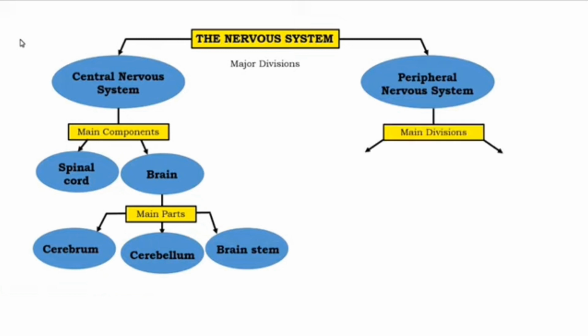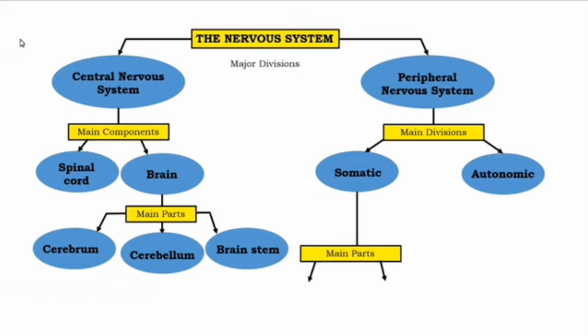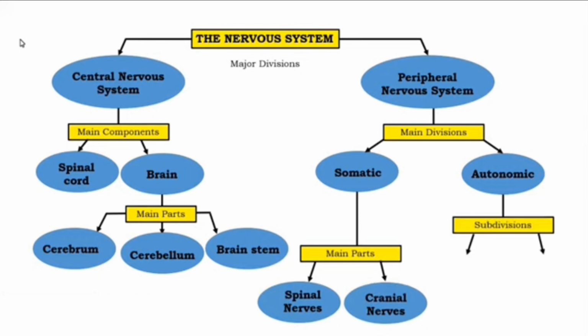The peripheral nervous system is divided into two main divisions: the somatic nervous system and the autonomic nervous system. The somatic nervous system is divided into two main parts: the spinal nerves and the cranial nerves, while the autonomic is subdivided into sympathetic and parasympathetic nervous system.